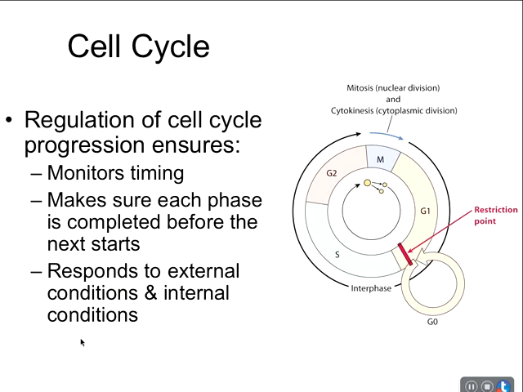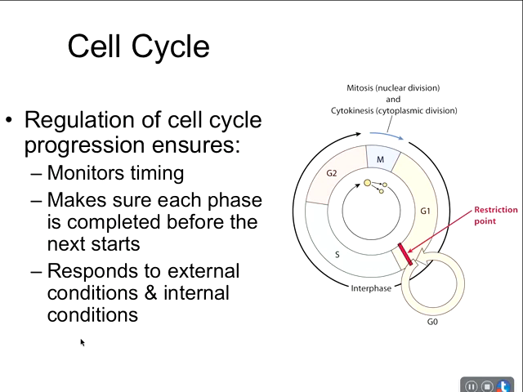Also, it makes sure that each phase is completed before the next phase starts. For example, you need to make sure that the DNA replication has completely finished during S phase before you start the next phase.